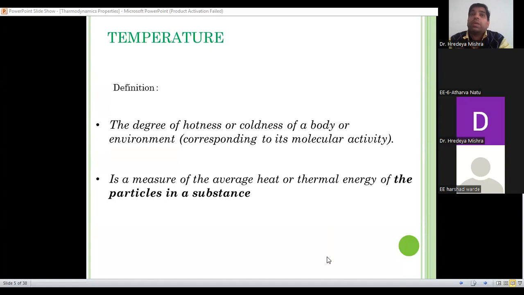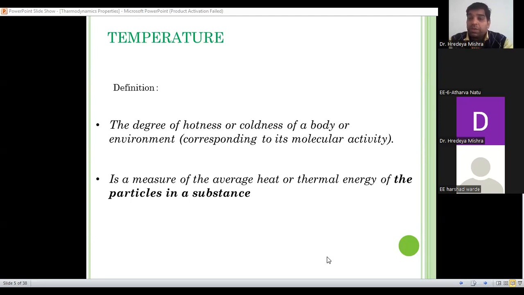Our normal body temperature range is 22 to 28 degrees. If our body temperature is below the lower limit, we feel cold, and if it is above the upper limit, we feel hot.